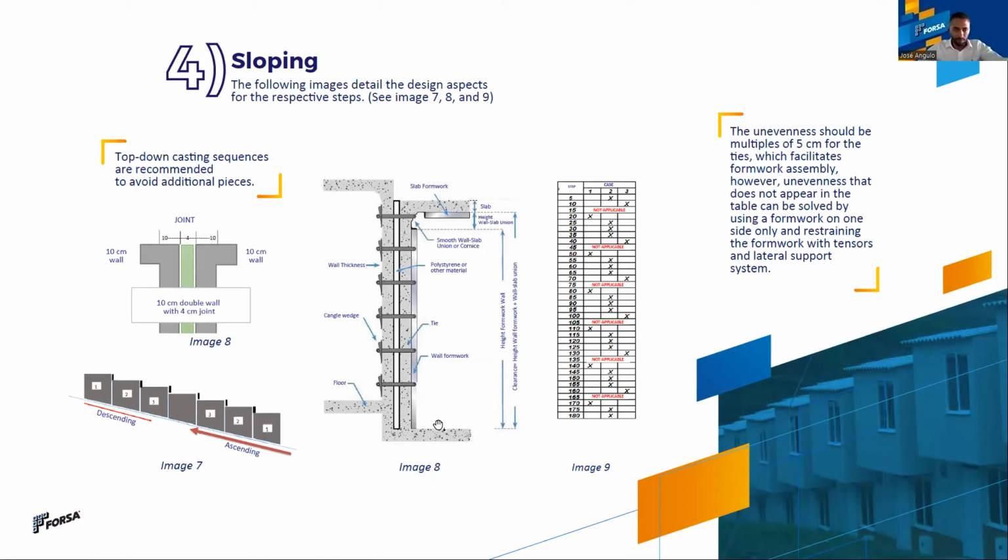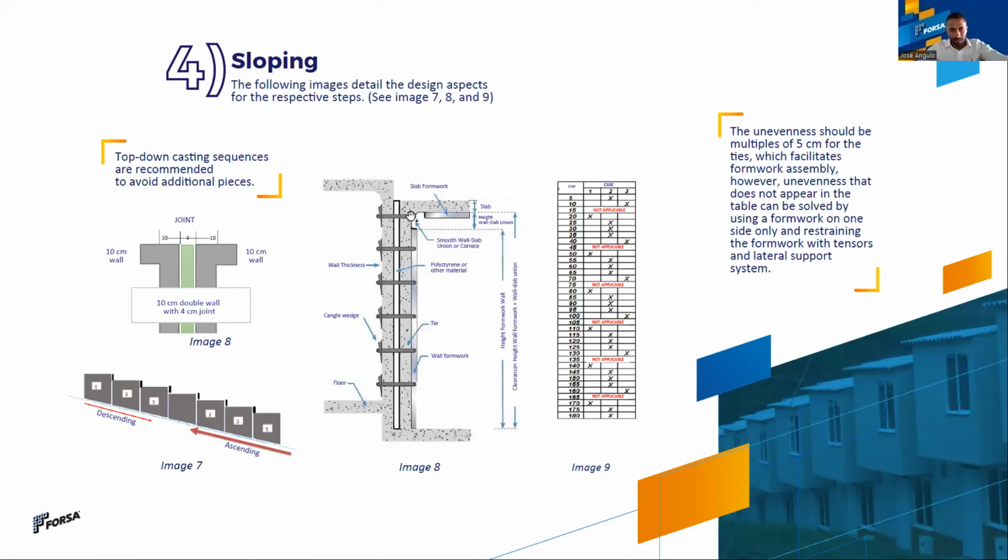For example, this picture 8, I'm going to show you the image in the left part, but in a section way. This way is going to be very important for us because if you check the section, you will find out that we already have a unit poured, and following that, we will find out the formwork and the following unit, which is going to be poured with our formwork itself, or with any industrialized system.